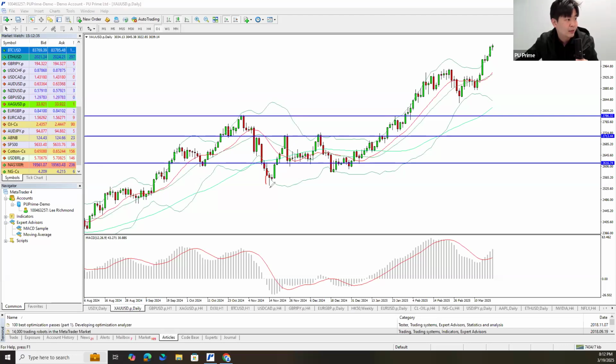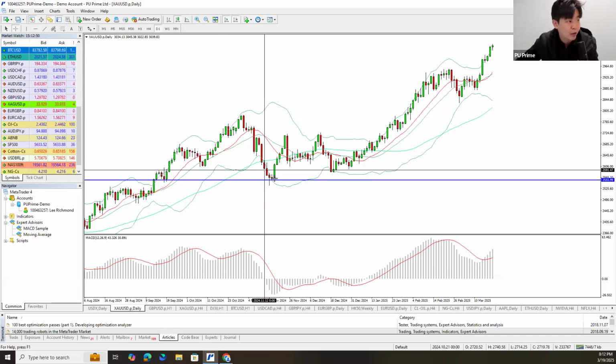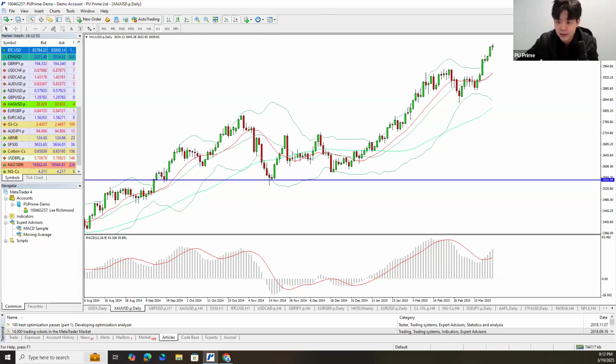So here is a hammer. That's why it tends to rebound afterwards. And then you can actually combine it with the support and resistance level. If I draw the support and resistance, you can notice here is a solid support level, because previously the gold price had been testing here.